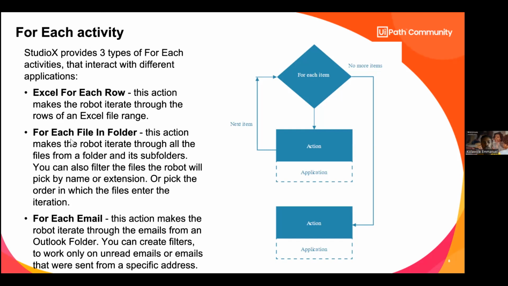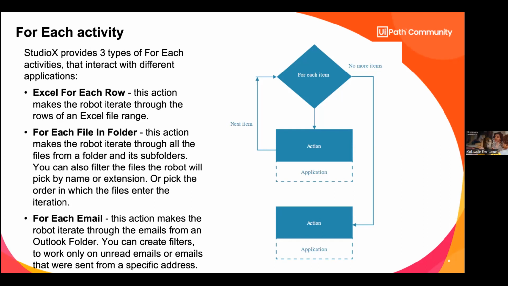Now, we also have for each file in folder. Apart from for each file in folder, we also have for each folder in folder. I'm going to show us shortly. For each file in folder, what the bot does basically is check each and every file in a particular folder you've told it to check, and perform one or two activities on those files.